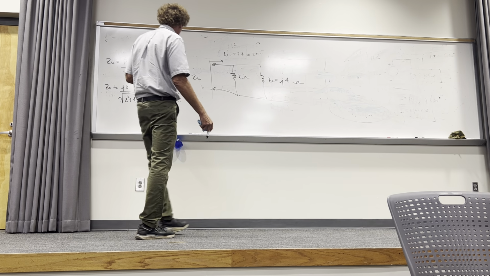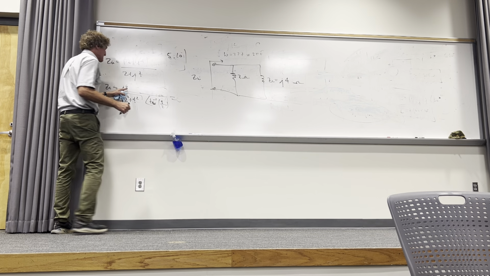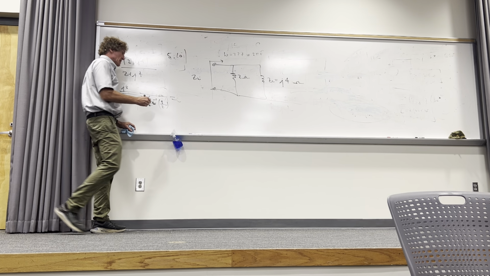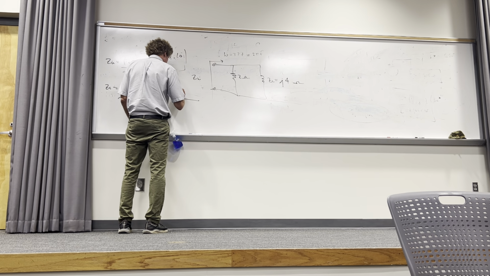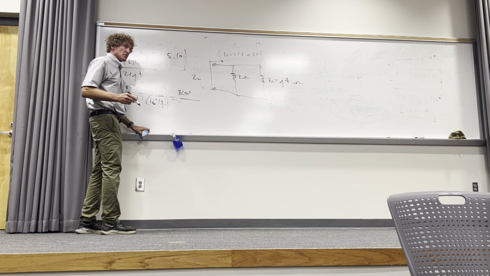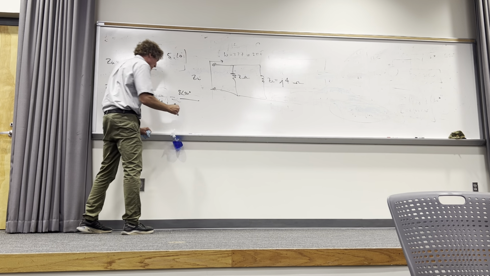So here for Zn, I'll just tell you what you can get. This is 8 on top, magnitude 8, at 90 degrees. You agree with that? Downstairs, you have a magnitude of the square root of 2 squared plus 4 squared. That's 4 plus 16, square root of 20, right?